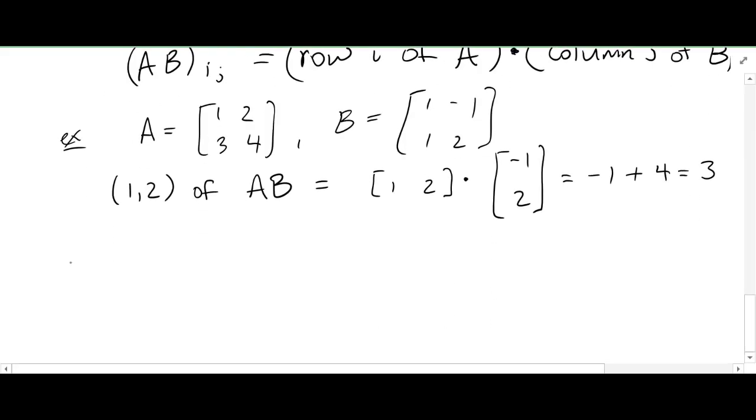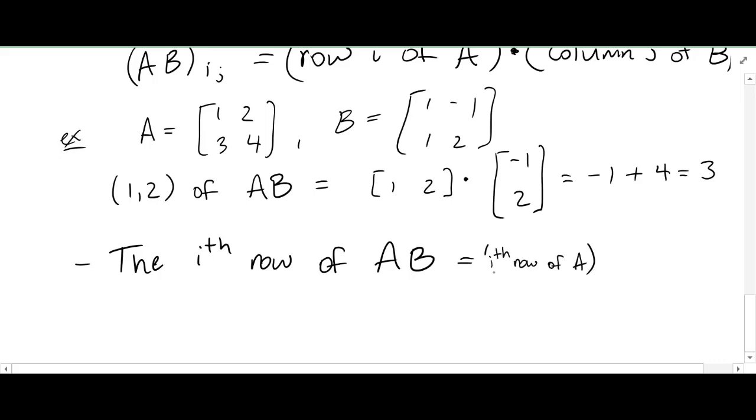If you want a whole row, let's say you want the ith row of AB, then that's the ith row of A as a vector times B. So you're doing a row vector times the whole matrix B. So this would be a 1 by 3 vector, and B would be some 3 by 3 matrix maybe.